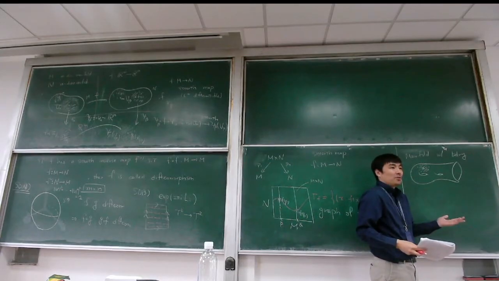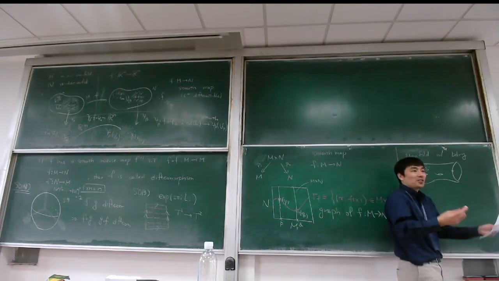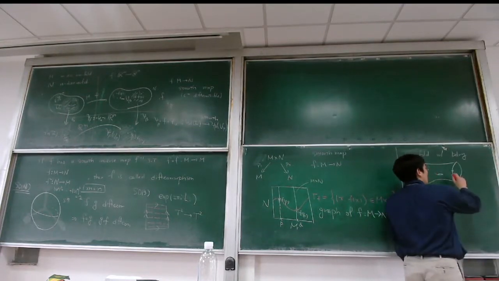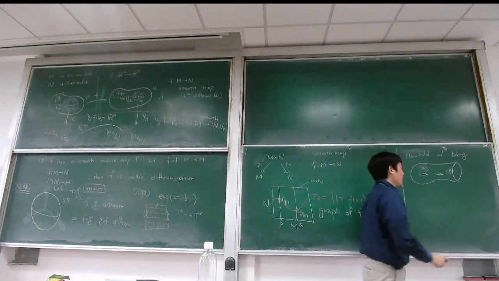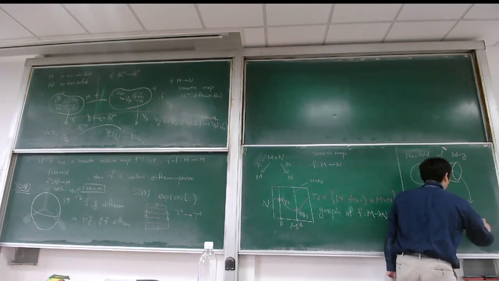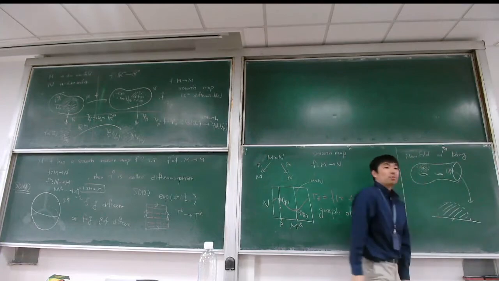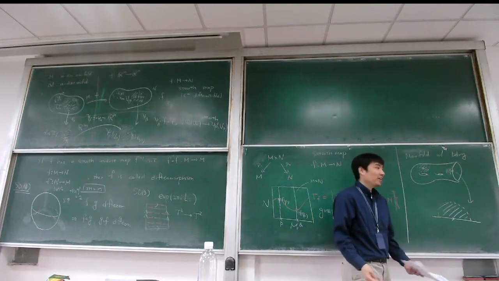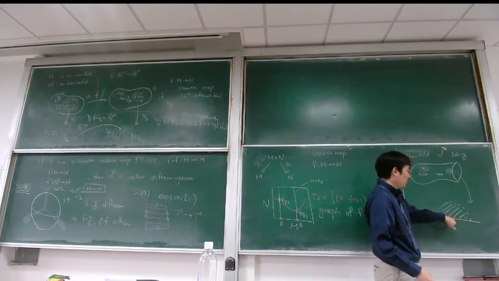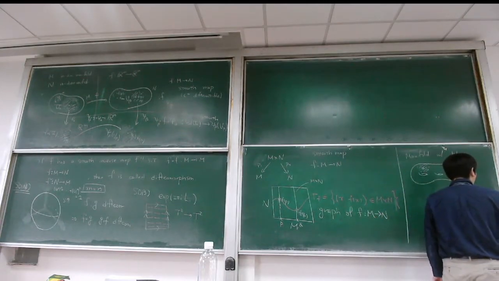If you pick a point on the boundary and look at the open neighborhood, you only have a half disk, right? So this can be mapped to the upper half plane by a continuous invertible map. To construct the manifold with boundary, the boundary point is mapped to the upper half plane.